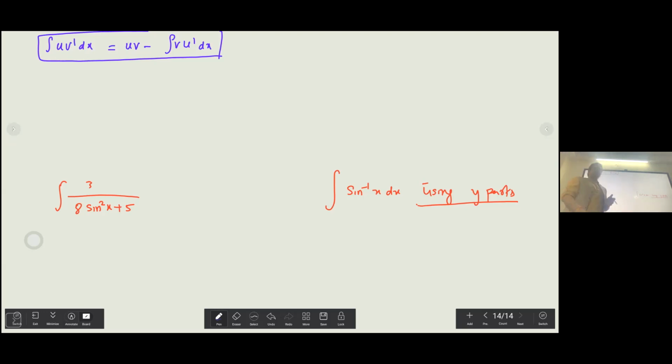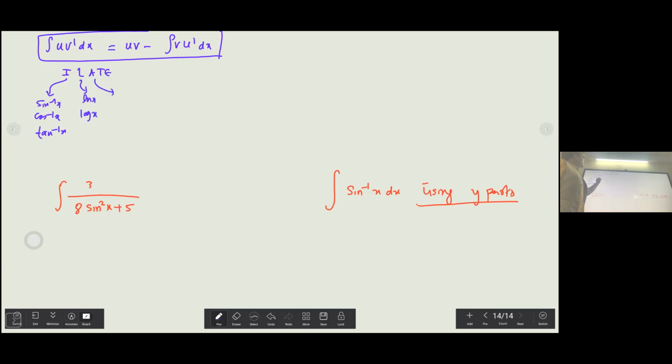So how do we recognize which is u and which is v? If you can remember, I have taught the ILATE rule, or LIATE rule, whichever you can remember. I stands for inverse functions like sine inverse, cos inverse, tan inverse. L stands for log, like ln x or log x.